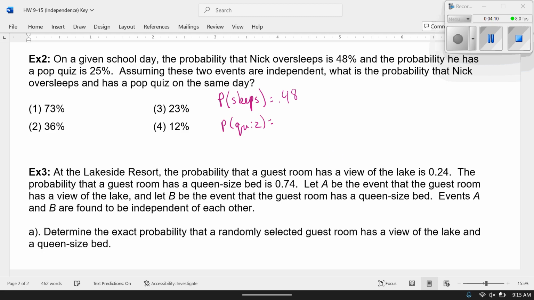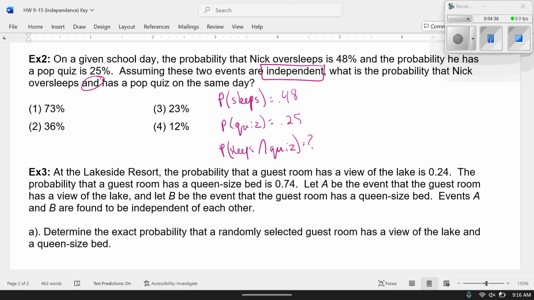Assuming the two events are independent, what's the probability that Nick oversleeps and has a pop quiz? So let's see what we have. We have and. We do not have conditional. And because we don't have conditional, don't use the conditional independence formula.